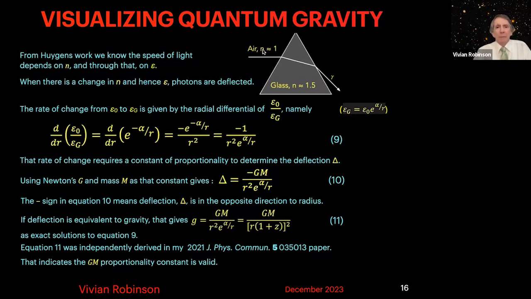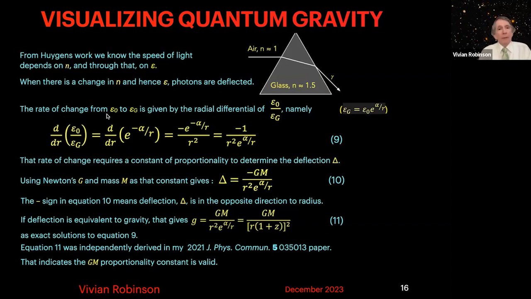Photons coming in from refractive index approximately 1 enter at an angle to a surface, they're deflected, slowed down in the higher refractive index, and when they re-emerge to the low refractive index, they're refracted again. That's why when there is a change in the refractive index and hence epsilon, photons are deflected.